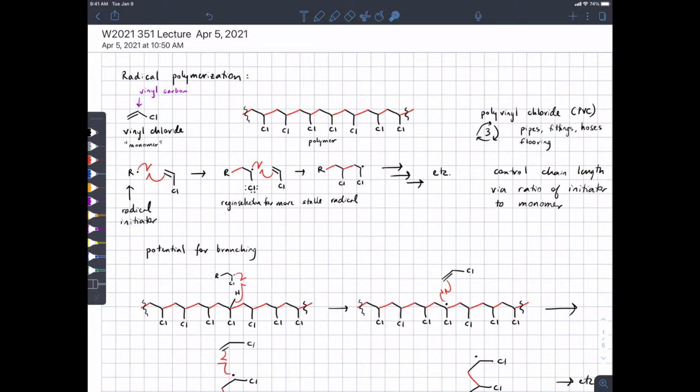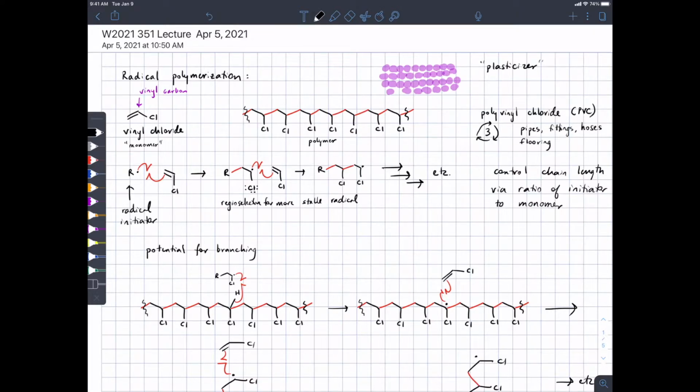Polymers, their properties are determined by their structures. And in the PVC polymer, the individual monomer units and chains can pack against each other in a tight sort of crystalline structure. And the tighter they pack, the more rigid the polymer is. And so in order to make PVC polymers less rigid, you can include a type of molecule called a plasticizer.